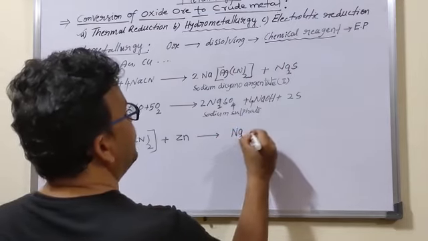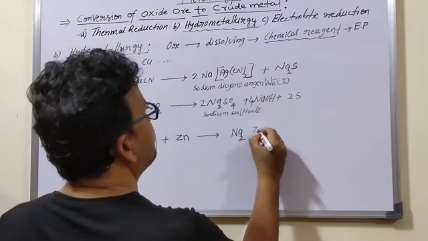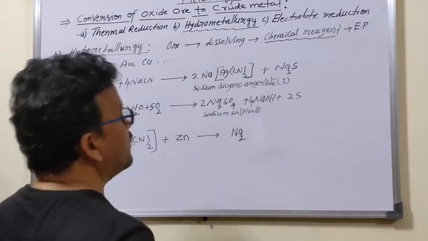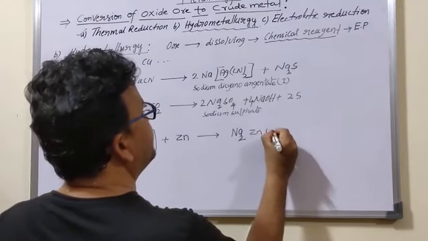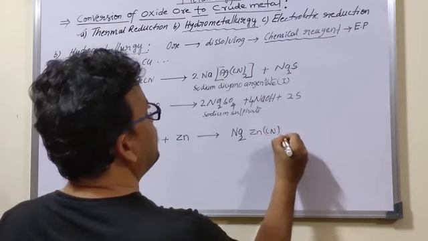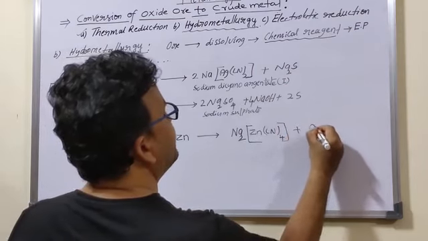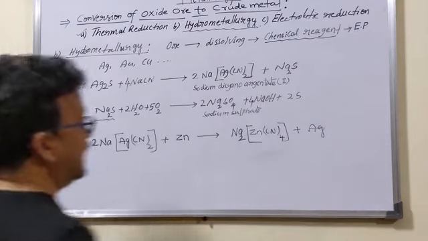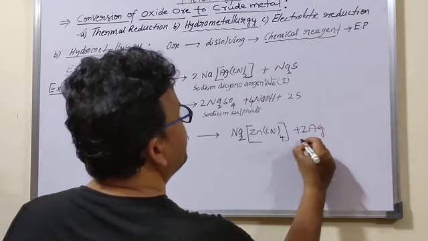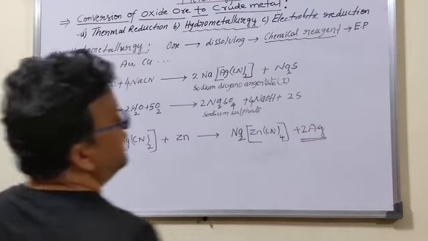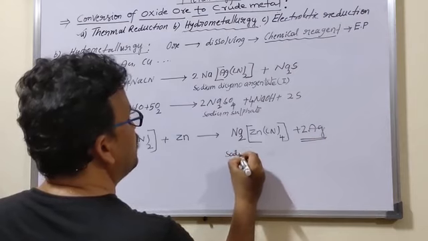Sodium tetracyanozincate, and silver is going to be extracted. This is how we extract the silver.